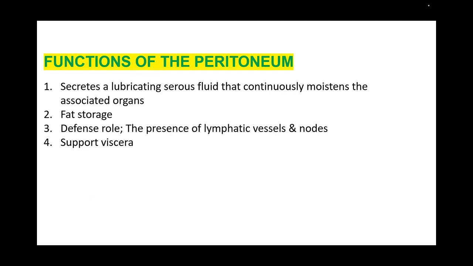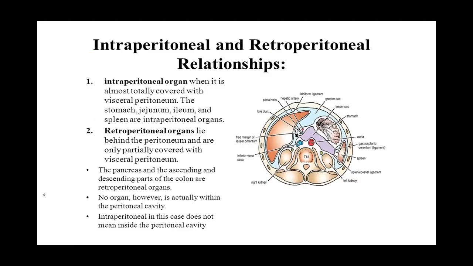It secretes a lubricating serous fluid that continuously moistens the associated organs. Fat storage, it stores a lot of fat. It has a defensive role by the presence of lymphatic vessels and nodes, and it supports the abdominal viscera.